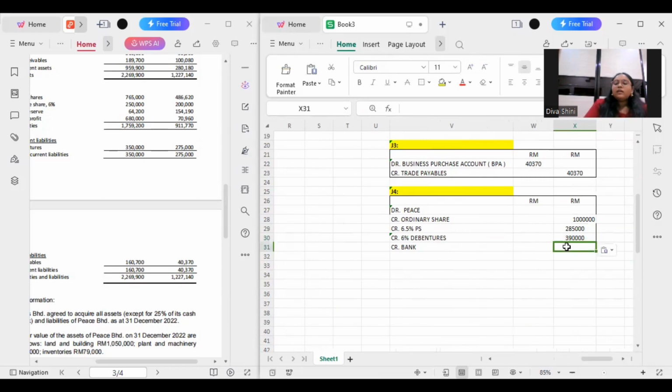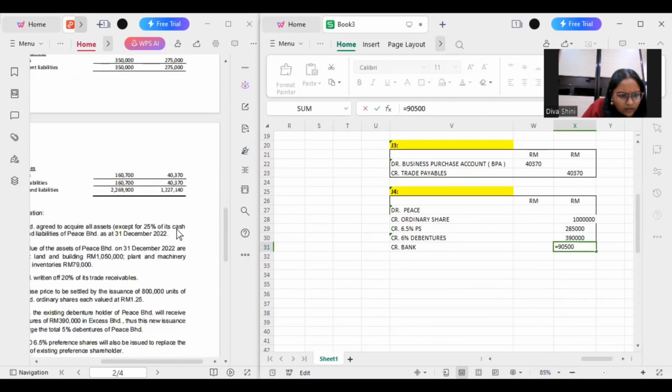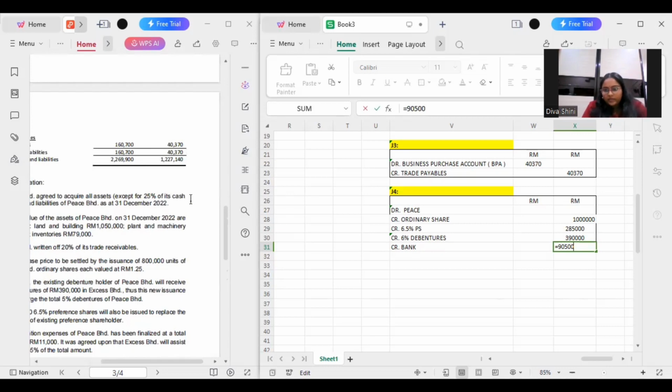Okay, for the bank we need to calculate the amount that Axis company had been paid. So the bank amount here is 9,500, and in the question they asked 25 percentage, so we need to calculate with the 25 percentage.